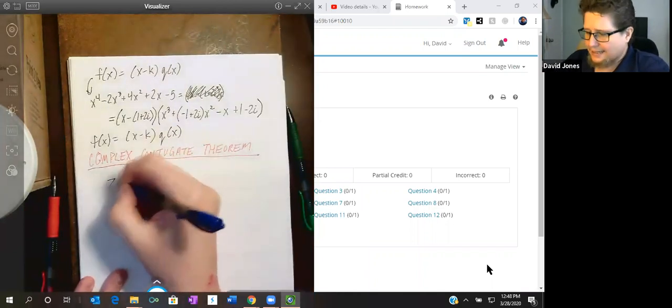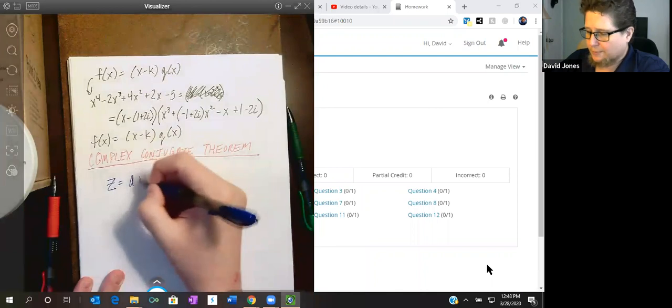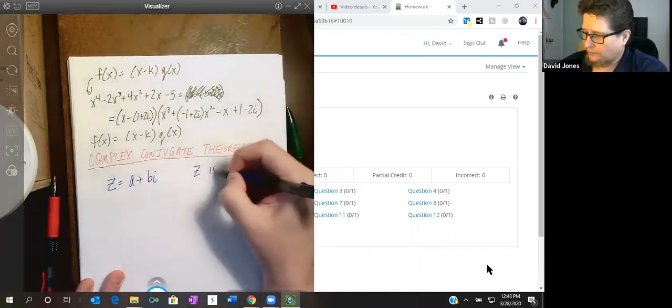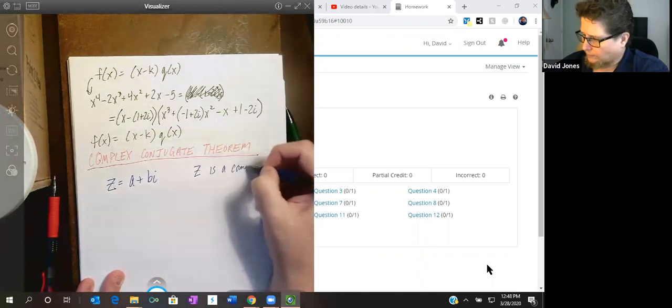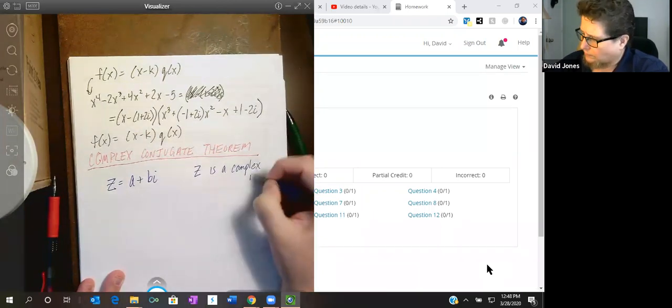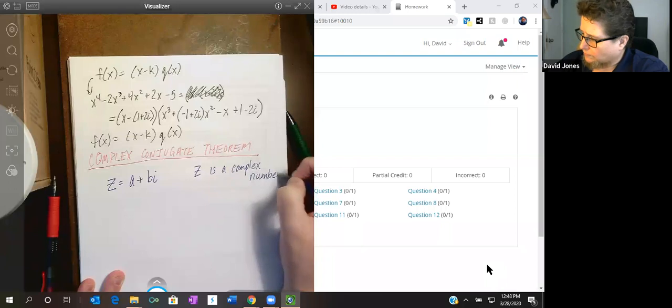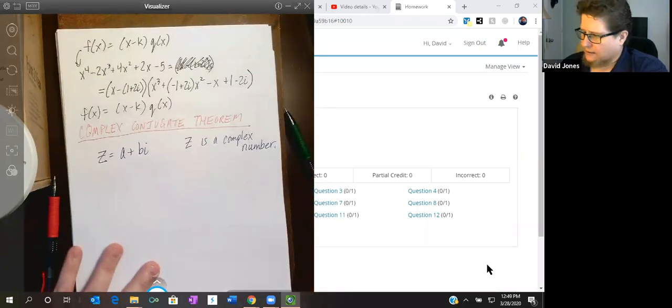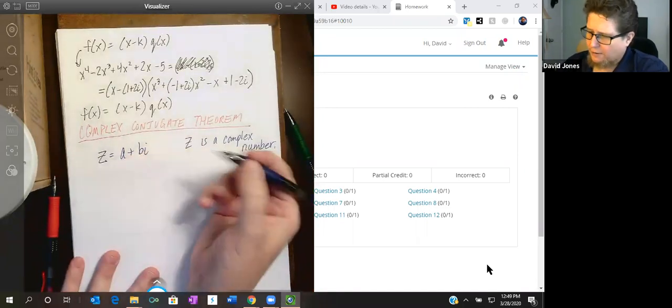Let's say z equals a plus bi, so z is a complex number. And the theorem goes like this.